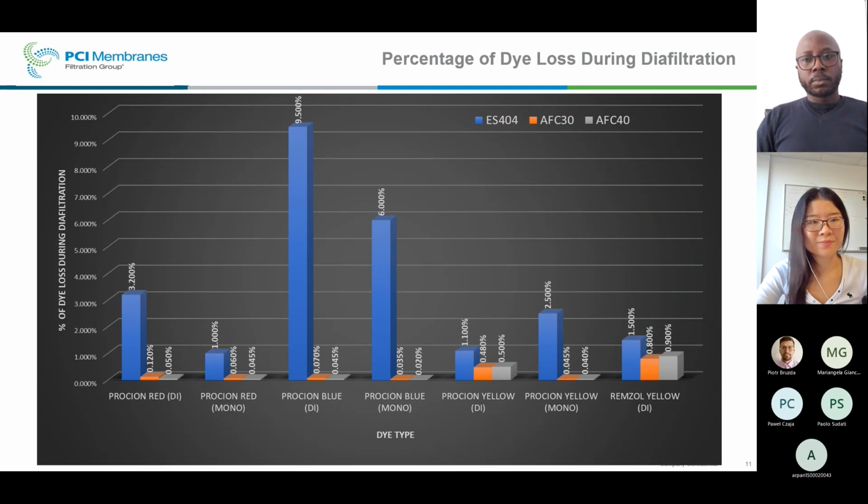Reactive dye, from my understanding, is the most used type of dye within the industry due to its ability to form a covalent bond with the fibers or the material to which it has been applied.